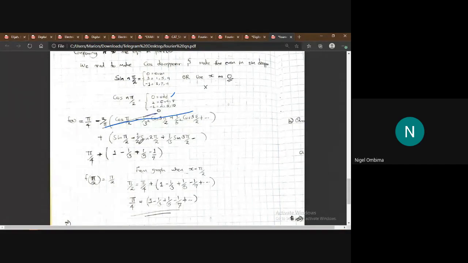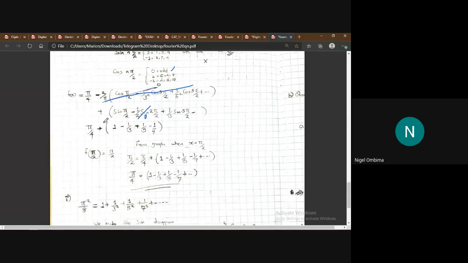So the even values will disappear. So this would be 0; if there were 1 over 4 sine 4 pi over 2, it would be 0. So we remain with sine pi over 2 plus 1 over 3 sine 3 pi over 2 plus 1 over 5 sine 5 pi over 2, continuing. So it will boil down to this.